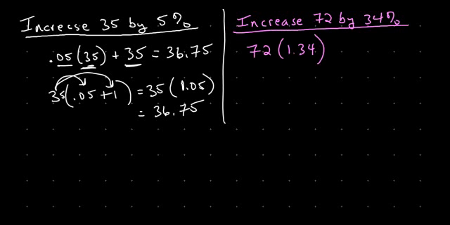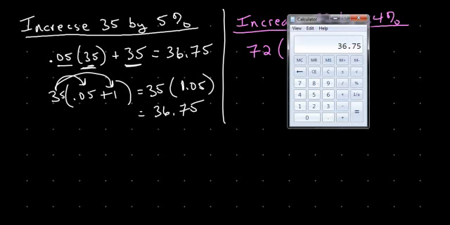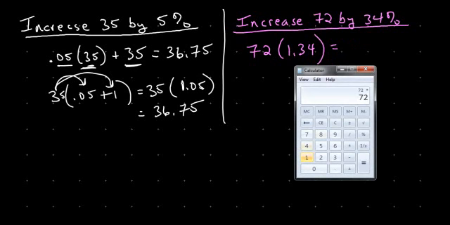That 1 gives me 72 back, and the 0.34 gives me my additional 34%. This equals 72 times 1.34, which is 96.48.